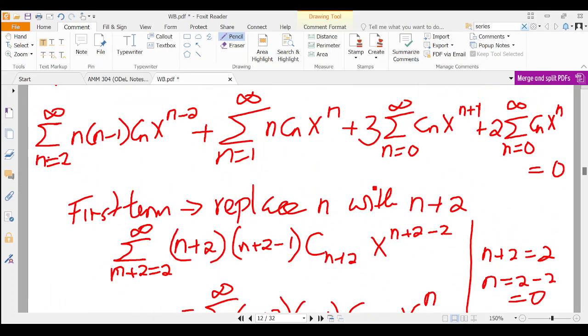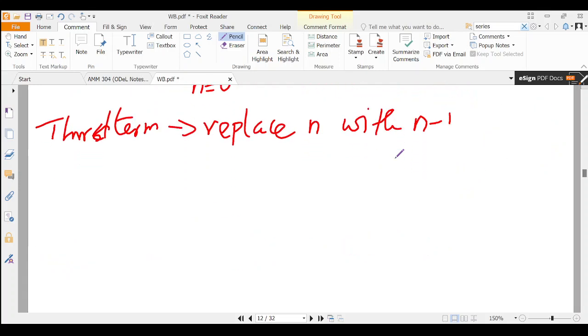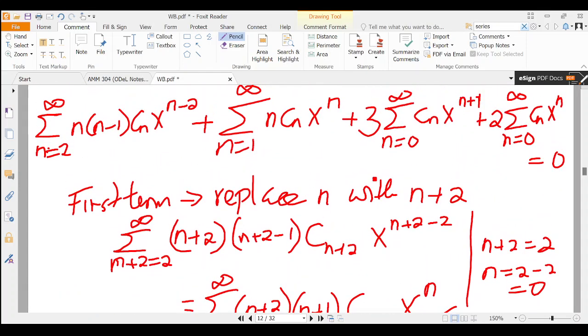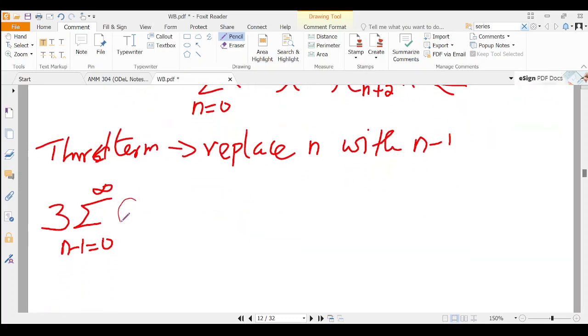So we see that we have the sum from n equals 0. So this becomes n minus 1 equals 0. So that term becomes 3, the sum from n minus 1 equals 0 to infinity. Then we have the coefficient Cn, which we now write Cn minus 1, x raised to power n minus 1 plus 1.